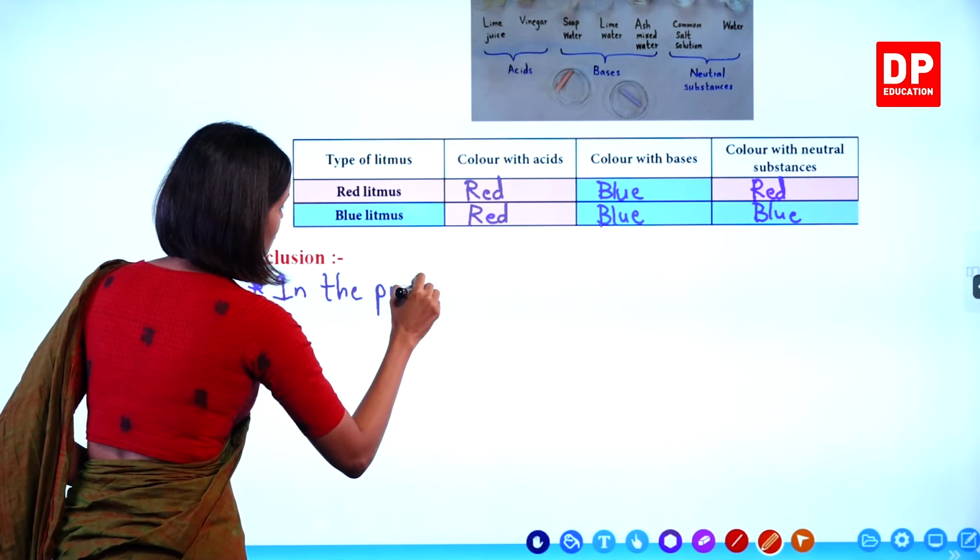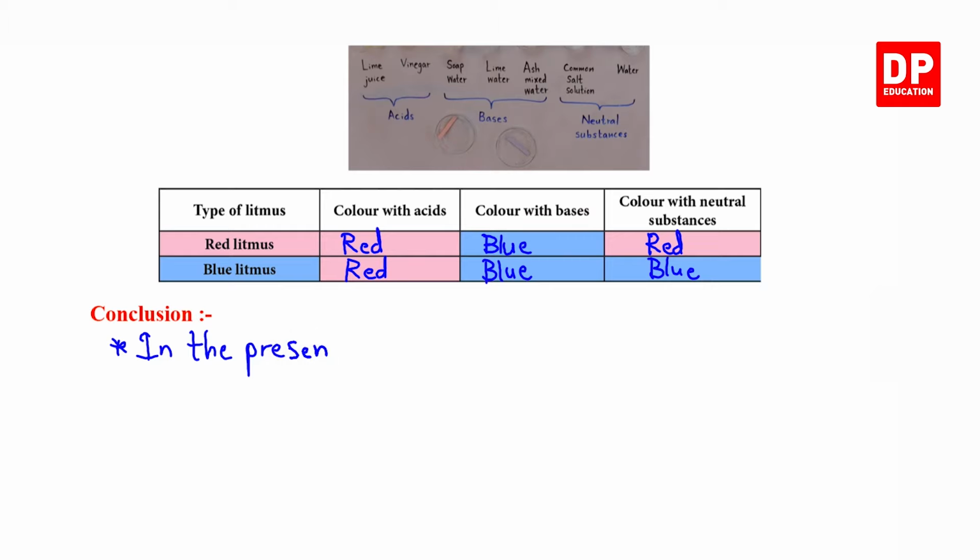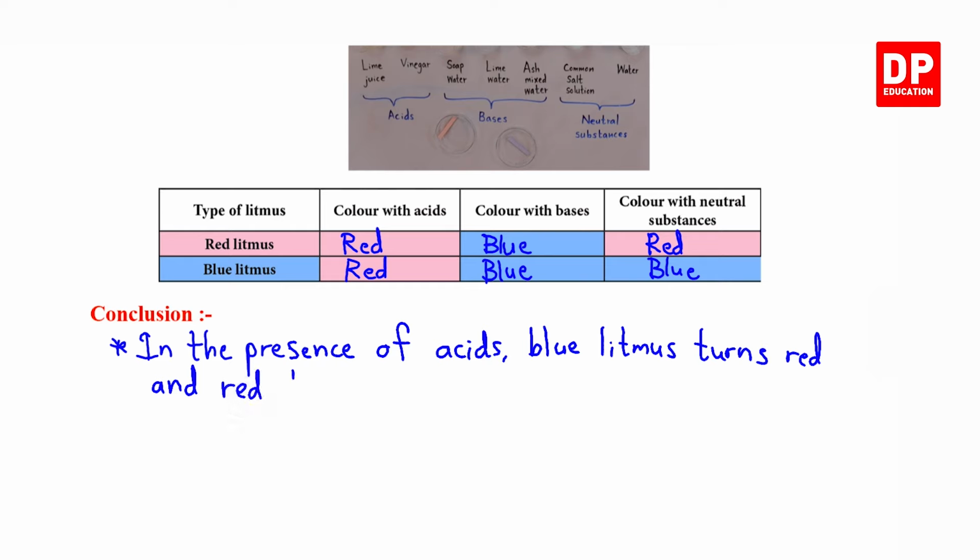In the presence of acids, blue litmus turns red and red litmus does not change the color.